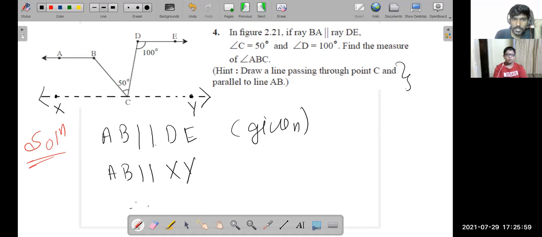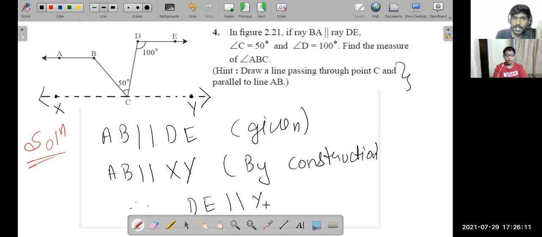This you write by construction. Therefore, you can say that DE and XY are also parallel to each other. Clear?